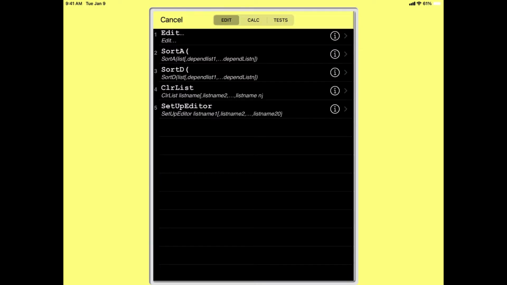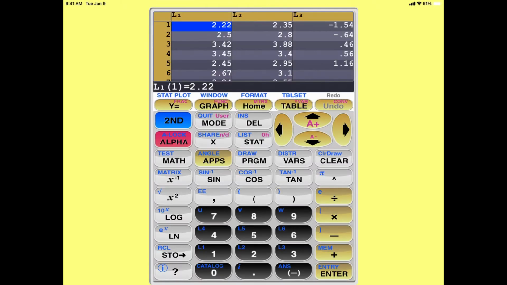Then it tells us to press Edit, or you can press number 1. And then it says enter all your data into your list. Now you'll see the cursor is on that 2.2, and I have a bunch of stuff in there. So I'm just going to clear everything out. Highlight the L1 and press clear, then enter.